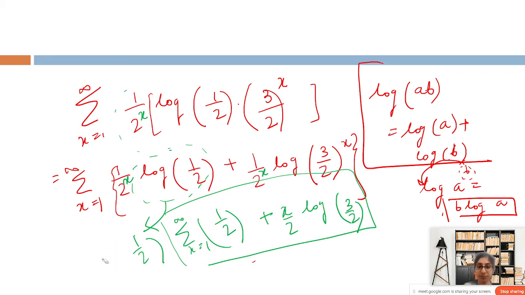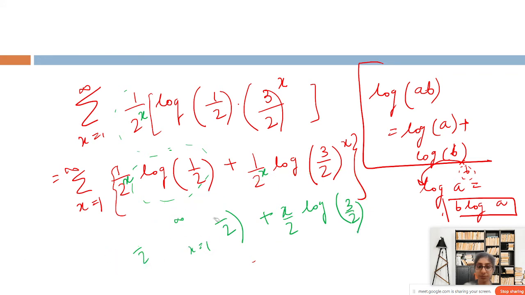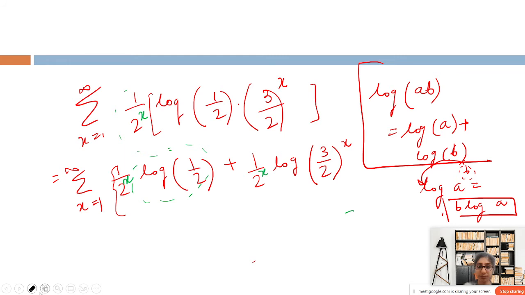So this will become like, here now what I will take out common, this log of 1 by 2 is a constant that I will take out. Now what I am left with, sigma x equals to 1 to infinity 1 upon 2 to the power x.